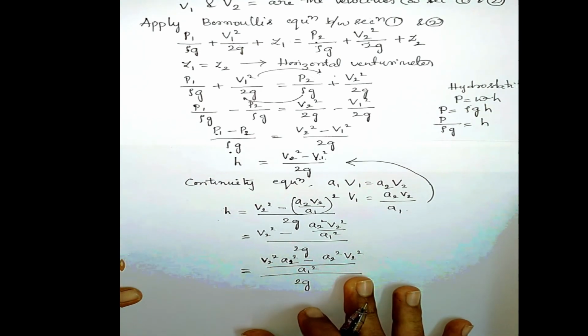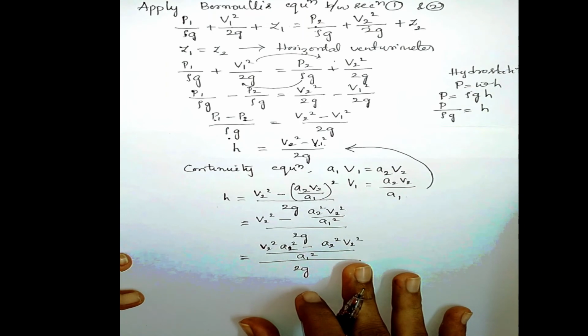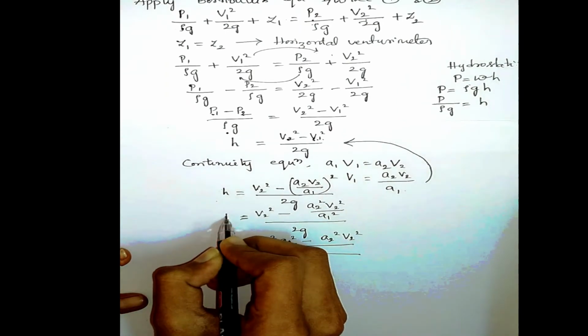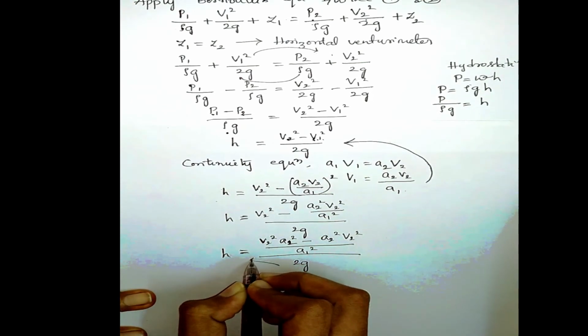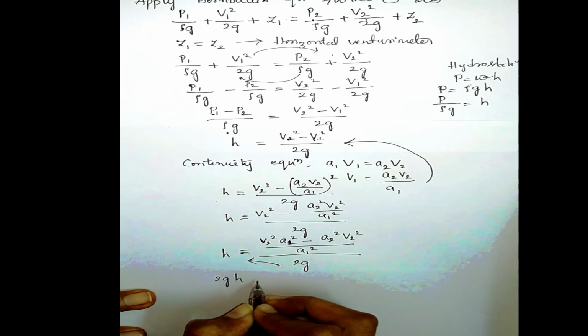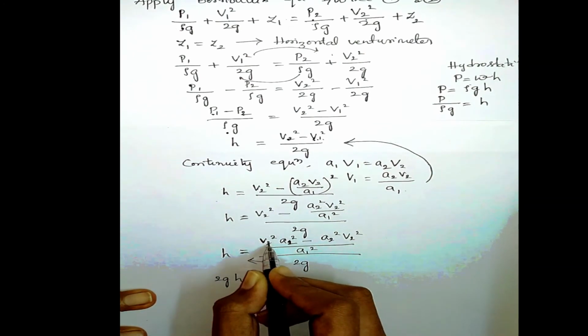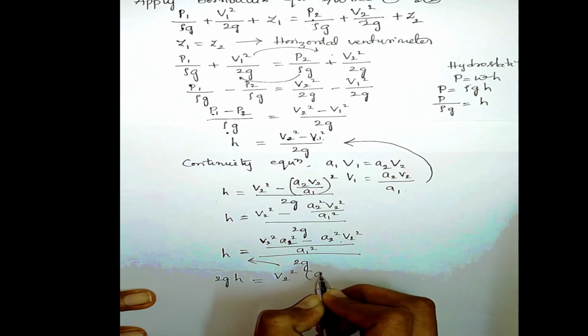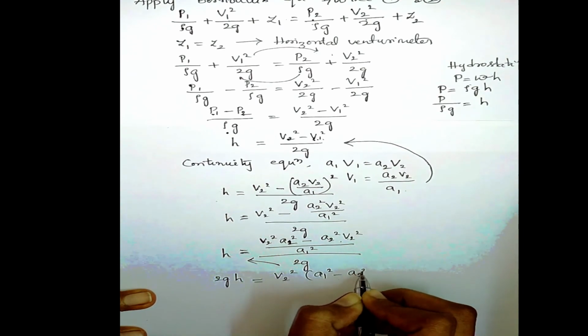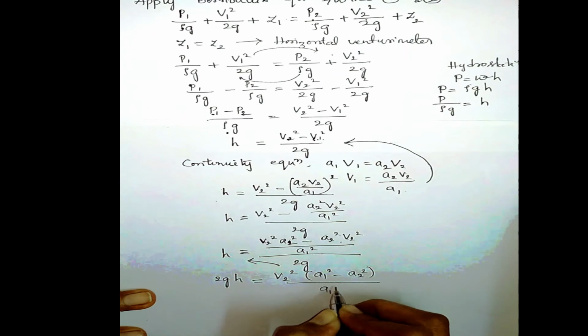Sending the 2g to the right-hand side, it will be 2gH. Taking V2 square outside, V2 square will be equal to 2gH into A1 square divided by (A1 square minus A2 square).